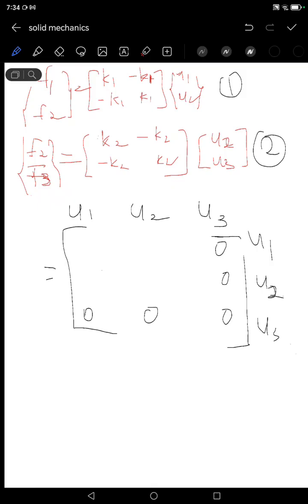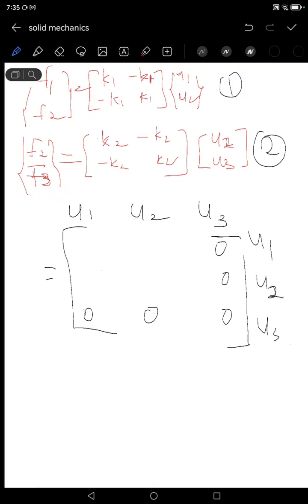Can you repeat that? Okay, we are starting with the first element. Remember I said when we're combining, we check how many nodals we have. We have 3 nodals, so we write u1, u2, u3. On our first element we don't have u3, we only have u1 and u2.